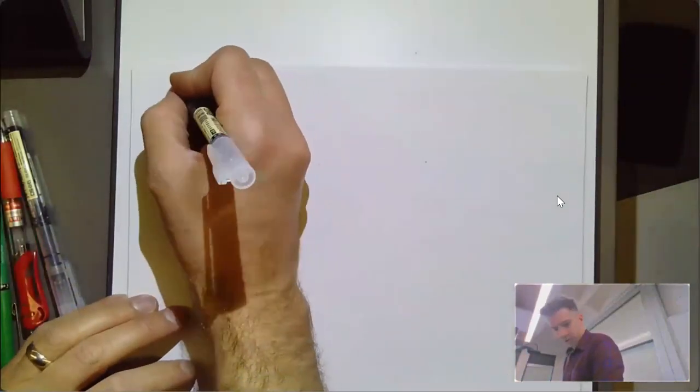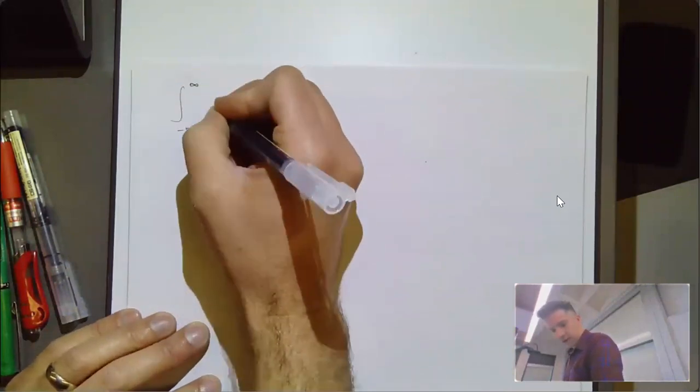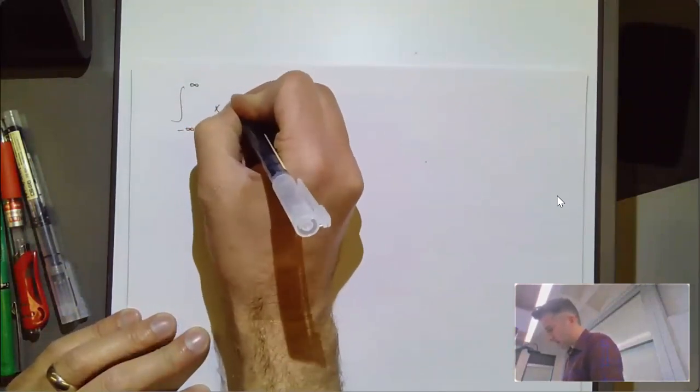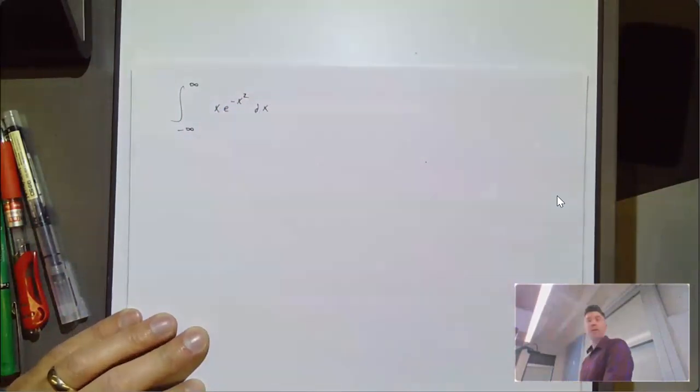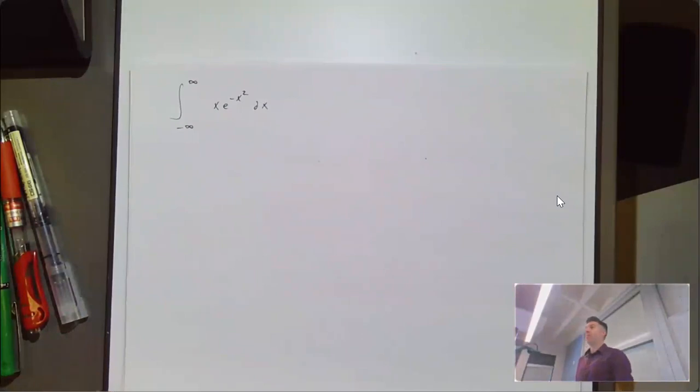Let's say we have the integral from negative infinity to infinity of x e to the negative x squared. Okay, so first off, I have 2 problem points. Negative infinity and infinity are both problems.